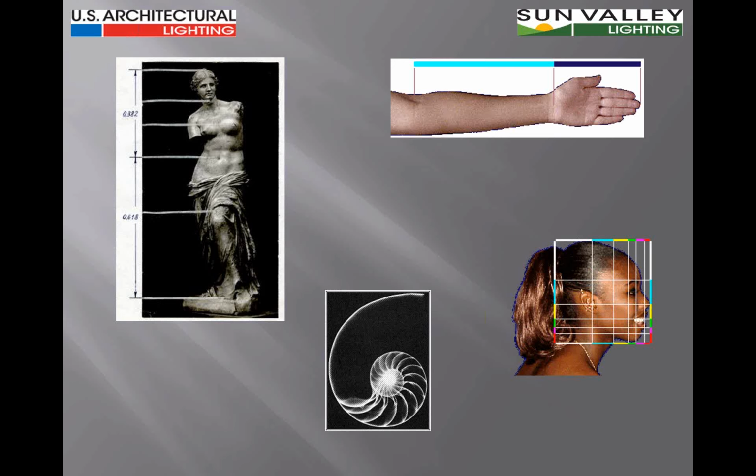The human body was a big influence on the ratios or the proportions that they used in figuring or calculating their architecture. And indeed, some of the elements that were there, we wouldn't think of in a daily environment, but we know that they're pleasing to the eye when we see them. For example, when you look at the sculpture here on the left-hand side, you'll notice that there's a number there. Remember this number, 0.618.